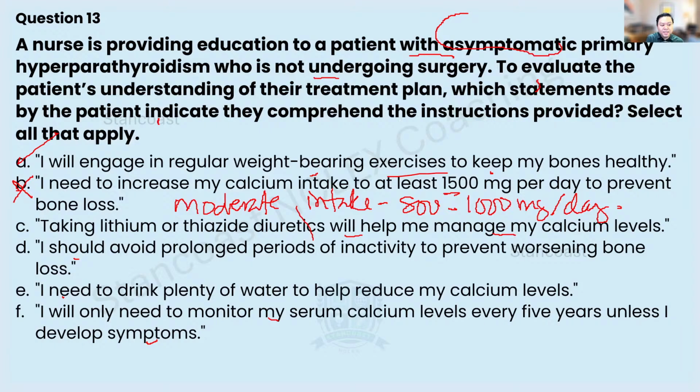If you answered letter C, taking lithium or thiazide diuretics will help me manage my calcium levels. This is incorrect. We know that lithium and thiazide diuretics can increase the calcium levels and can result in hypercalcemia.